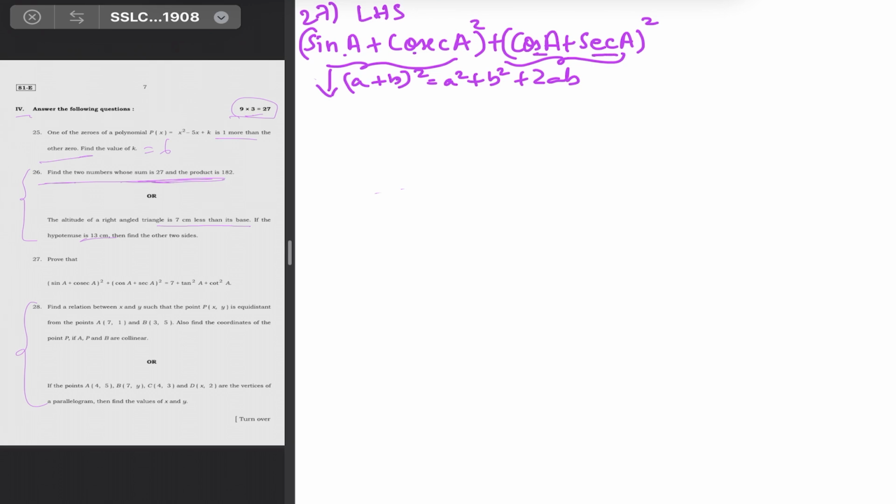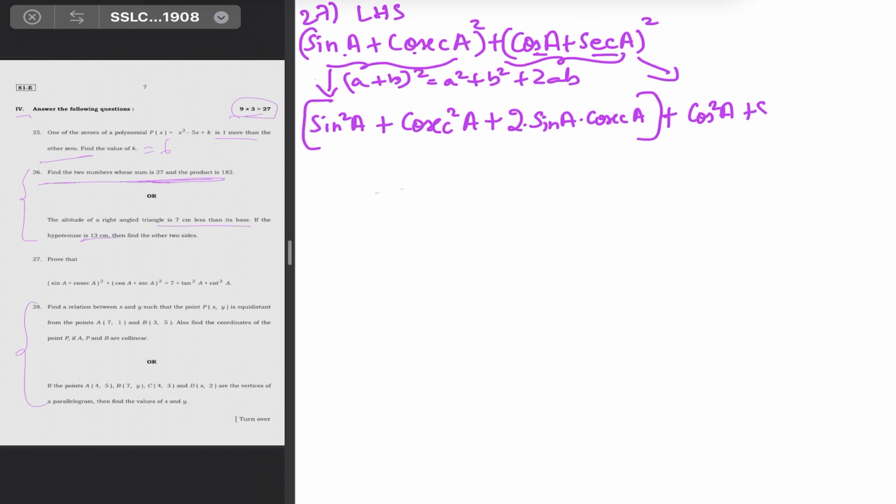So, sin square A plus cosecant square A plus 2 into sin A into cosec A. This is the first term. Then plus cos square A plus secant square A plus 2 into cos A into secant A. So, we have simplified using the formula (A plus B) whole square.